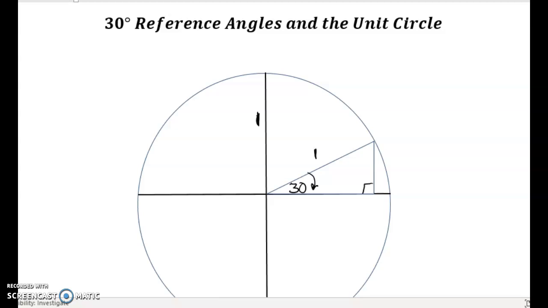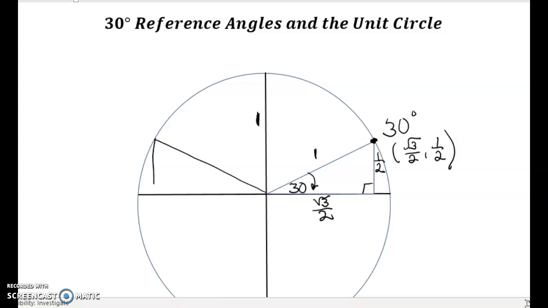So that makes my short leg 1/2, and that makes my long leg the square root of 3 over 2, just like up above. This represents 30 degrees, and the coordinate of a 30 is an x value, square root of 3 over 2, and a y value, 1/2.